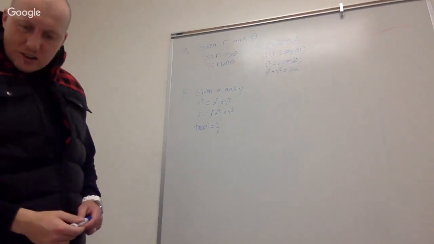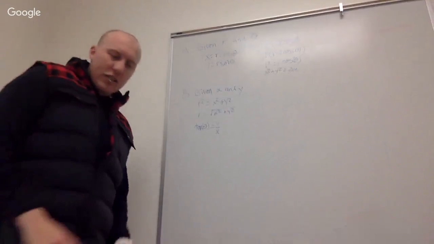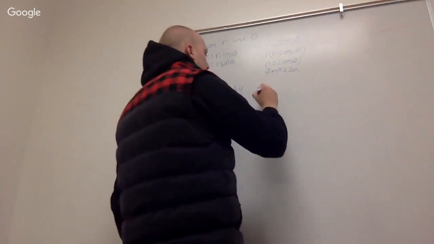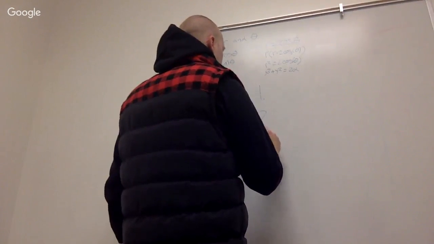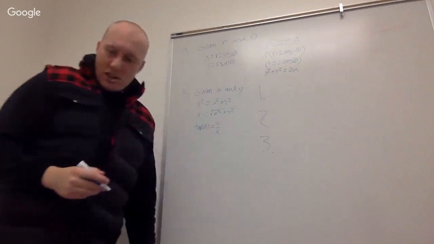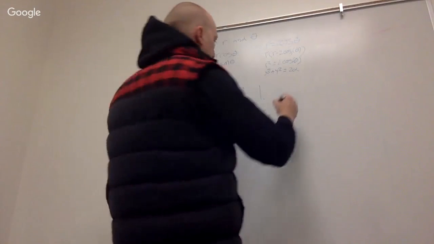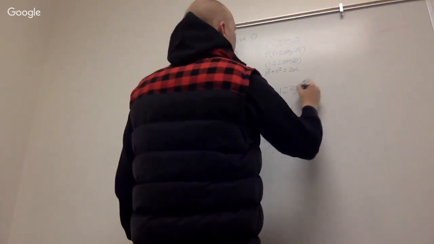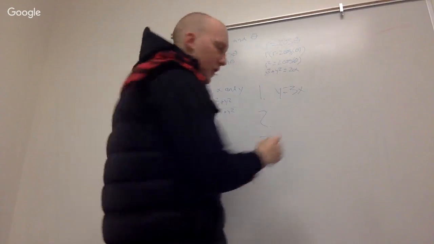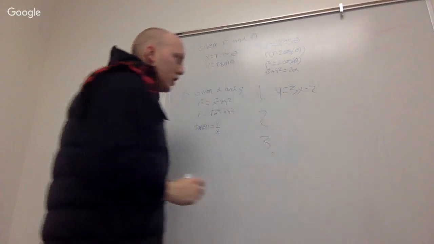Okay, all right. So what he wants us to do now is there's 3 equations, and I did one of them. Number 1 is y equals 3x minus 2.